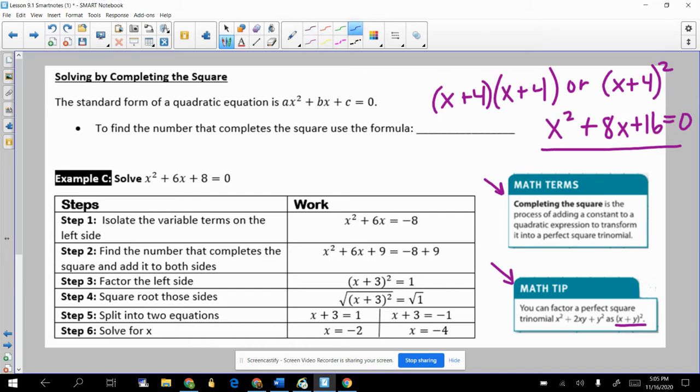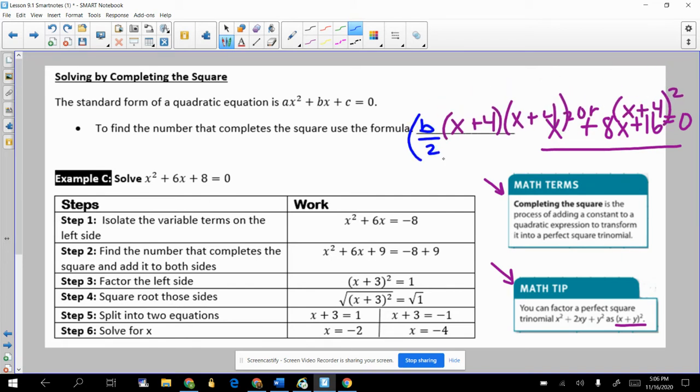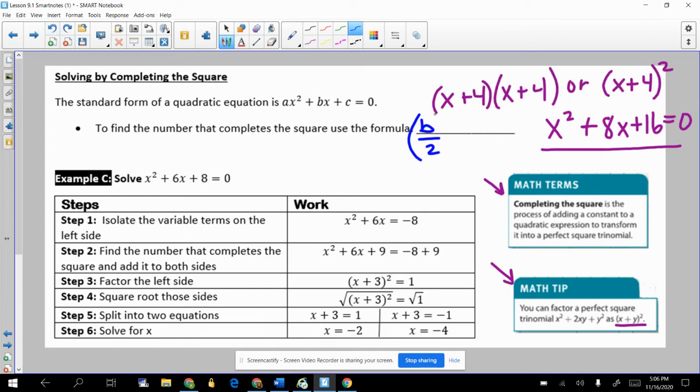Okay, so it says here to find the number that completes the square, we are going to use the formula b divided by 2, squared. So b divided by 2 squared. I would write that down somewhere. That's super important. But in order to complete the square, we are going to take your b value, whatever it is, divide it by 2 and square it.